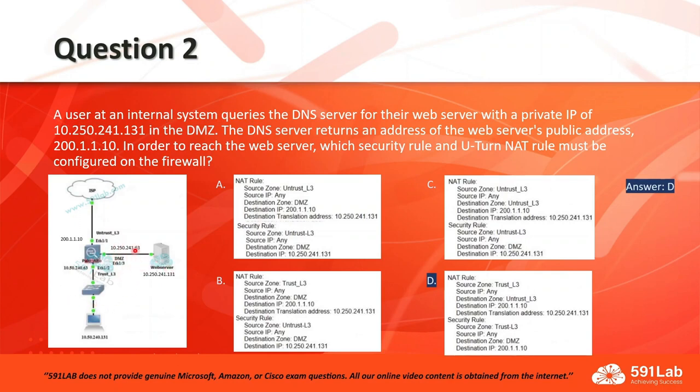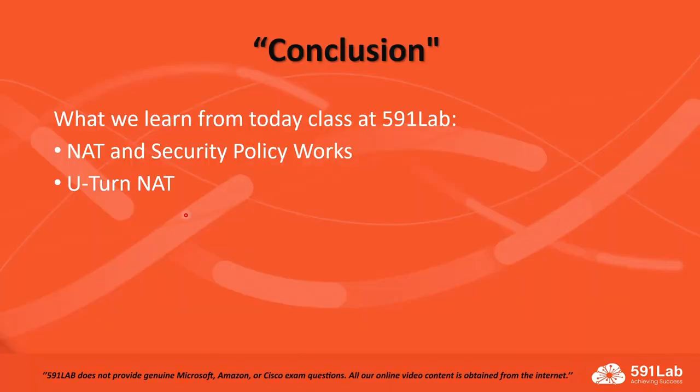This is the DMZ, and the destination IP address, which is the public IP, is 200.1.1.10. Today we have learned some of the material of the topic from the PCNSE exam, and we have successfully understood how NAT and Security Policy work, and how we can configure the U-turn NAT.